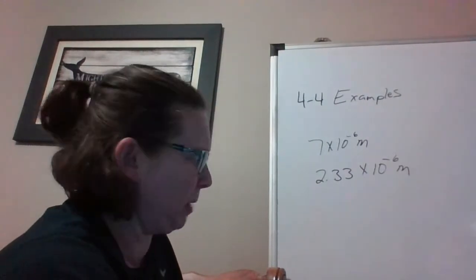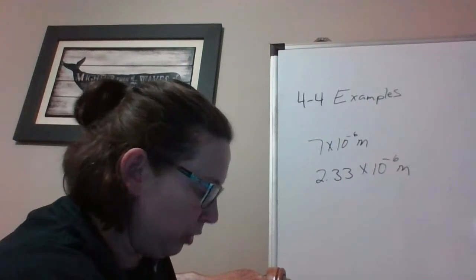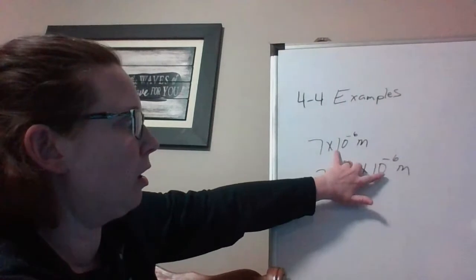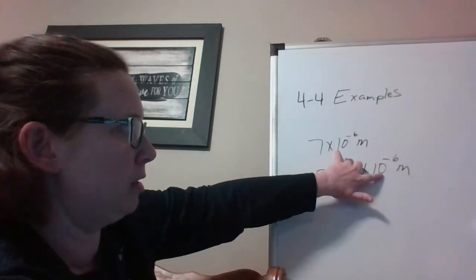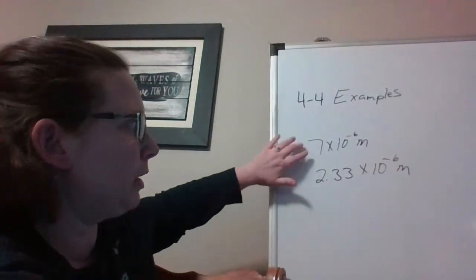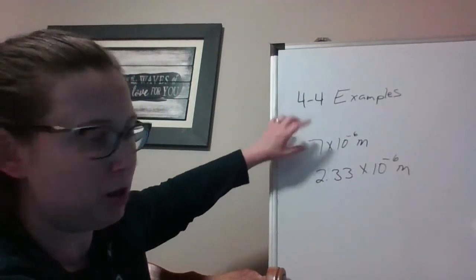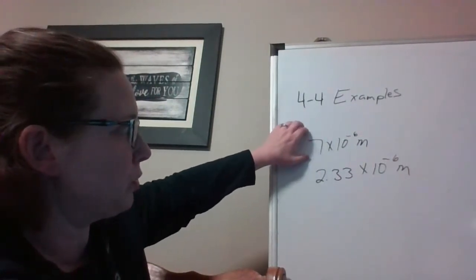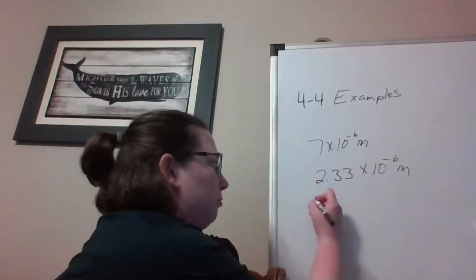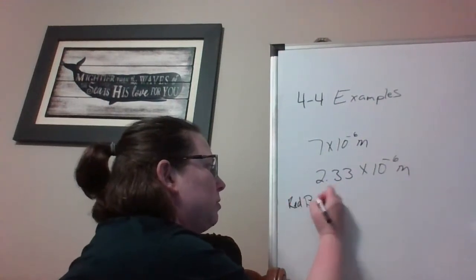So what we're doing is comparing these two numbers that are in scientific notation. Both of them happen to have the same exact exponent on their power of 10. So they're both 10 to the negative 6th power. What we can do in that case is go ahead and just compare these two numbers. 7 is larger, so this number is bigger than this number. If I want to write it this way, I can say, I think it was a red blood cell.